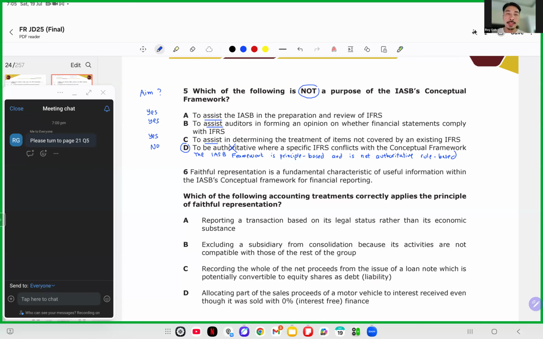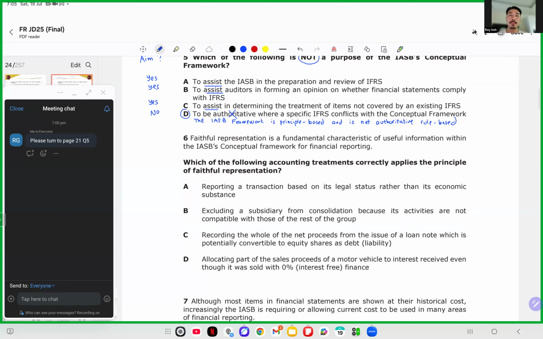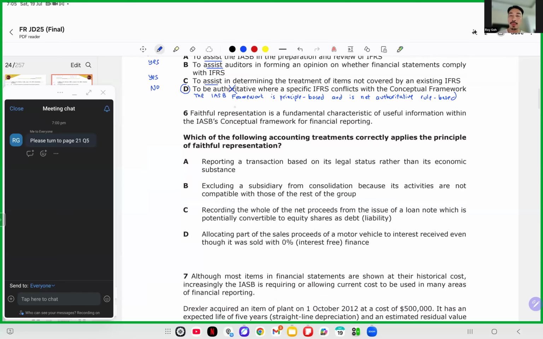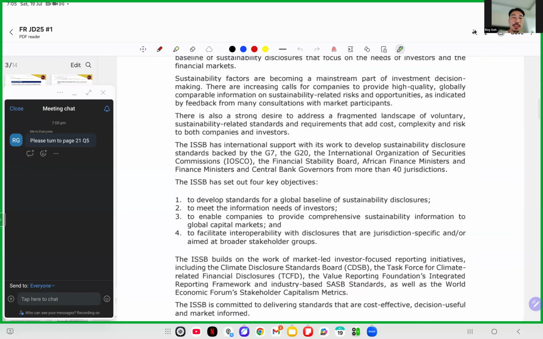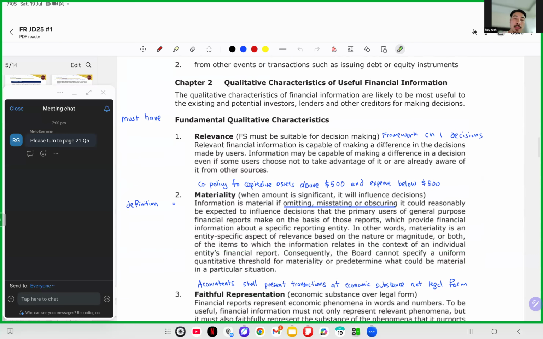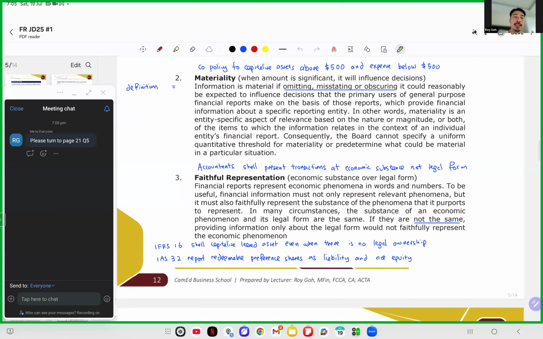Next one is question 6. The framework has a faithful representation. Okay, let's go back to lesson 1. On the framework, it is in chapter number 2 that says you must present using substance over form. So this is called faithful representation.